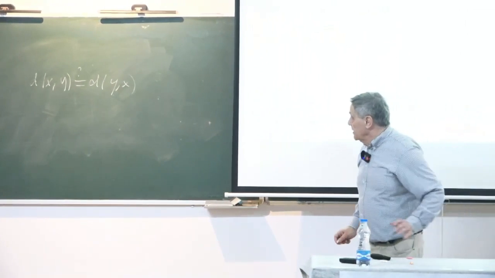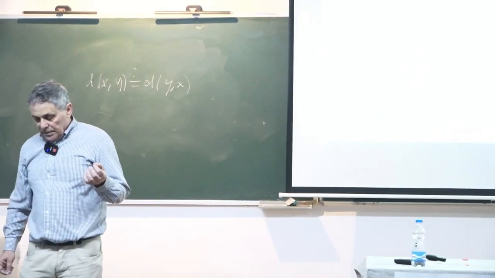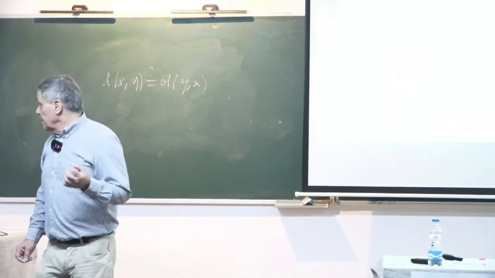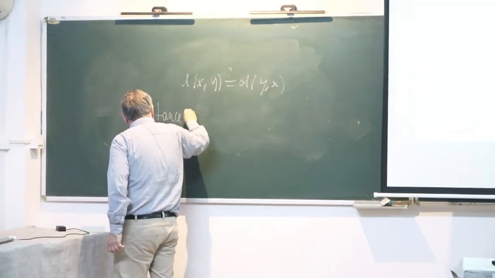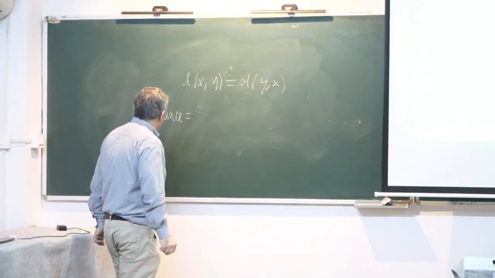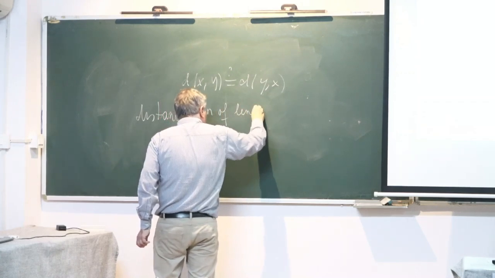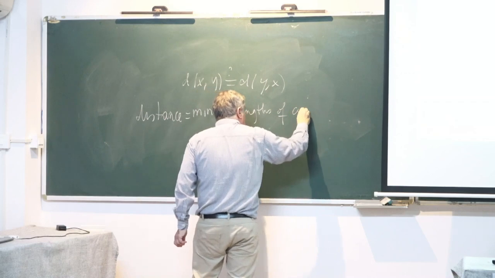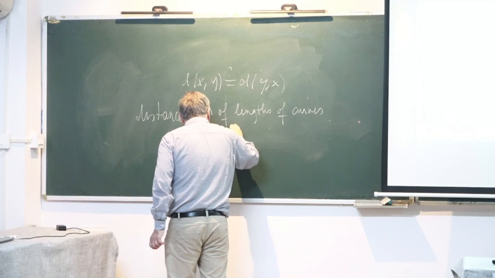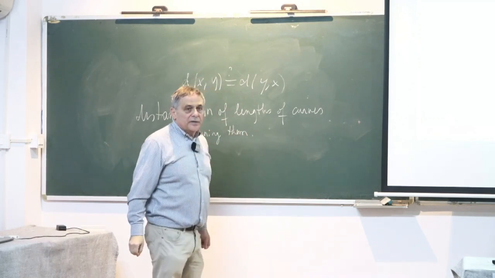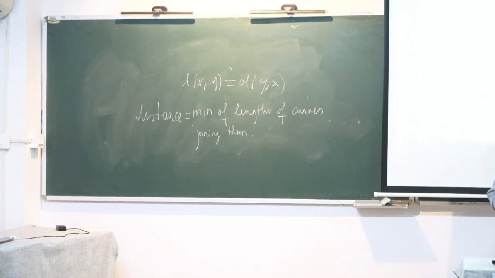The distance between two points is the minimum of the lengths of curves joining them. It's a metric where the distance is equal to the infimum of lengths of curves joining them.